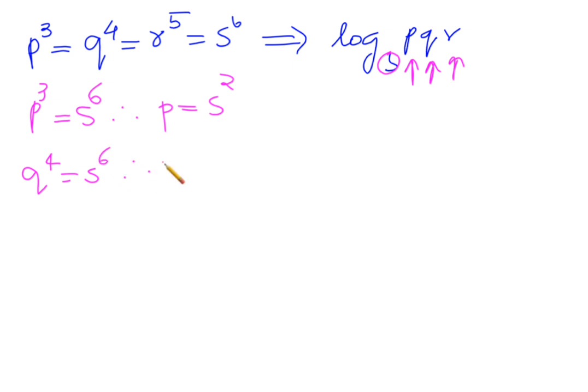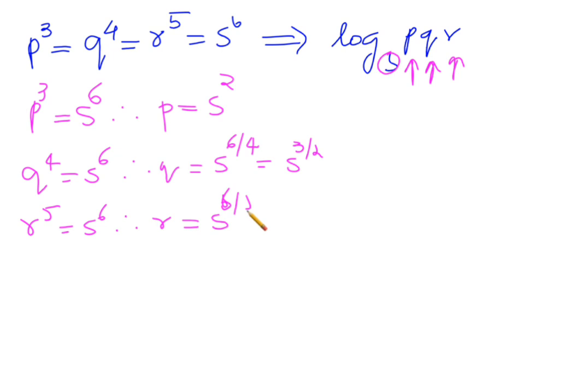Therefore, taking the fourth root on both sides, q equals s raised to 6 by 4, which is nothing but s raised to 3 by 2. Similarly, r raised to 5 equals s raised to 6. Therefore, taking the fifth root on both sides, r equals s raised to 6 by 5.